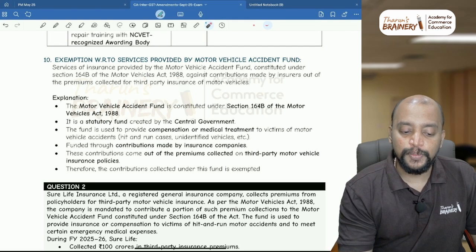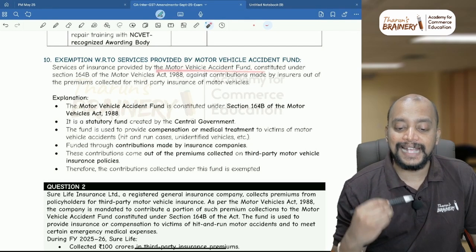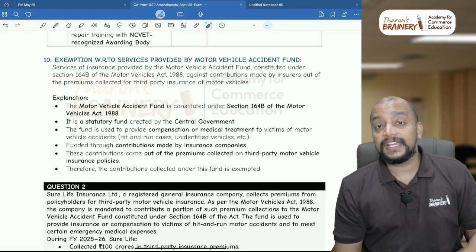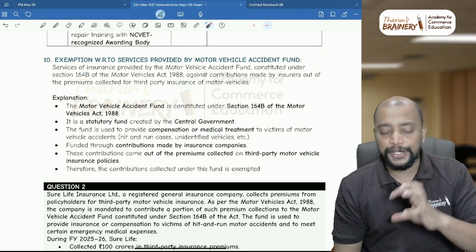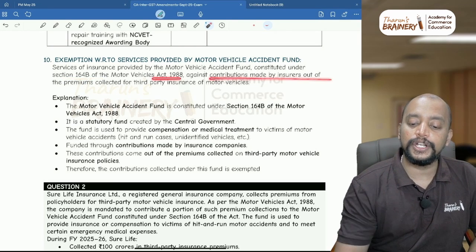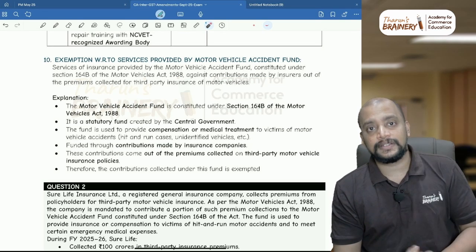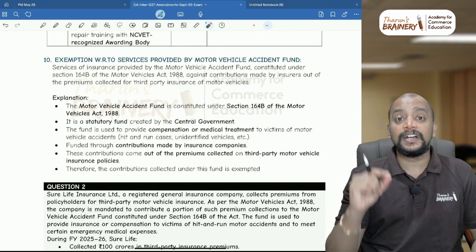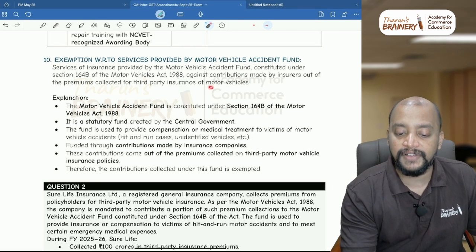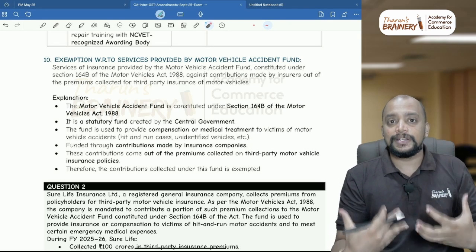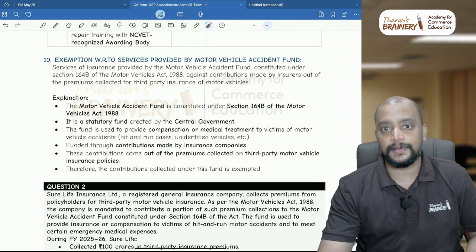Service of insurance provided by the motor vehicle accident fund, constituted under section 164B of the Motor Vehicles Act, is like a group insurance, against contribution made by the insurers out of the premiums collected for third party insurance of motor vehicles. Out of the third party insurance premium, the insurers, the insurance companies, will pay this.